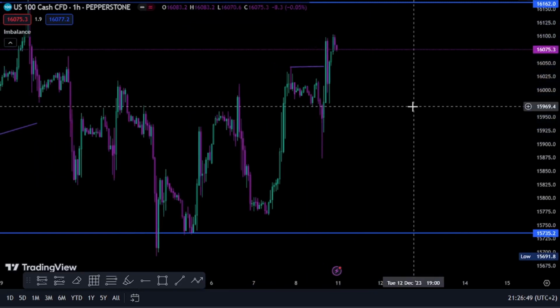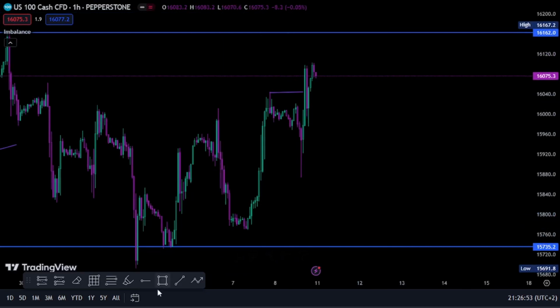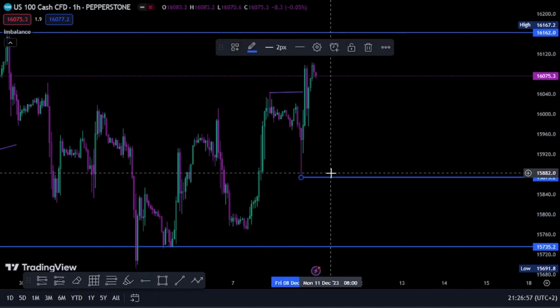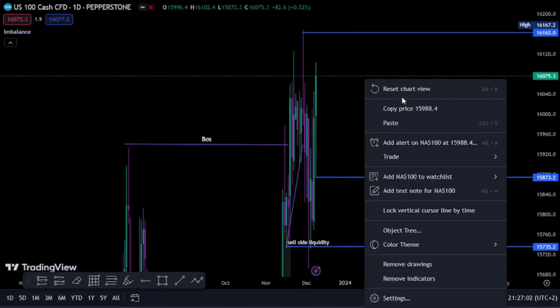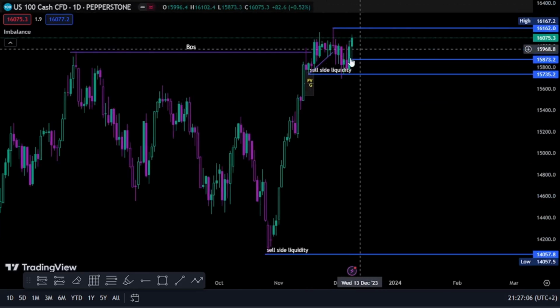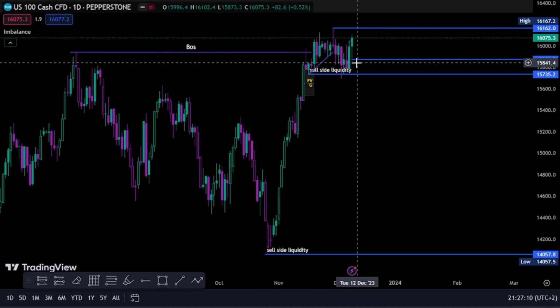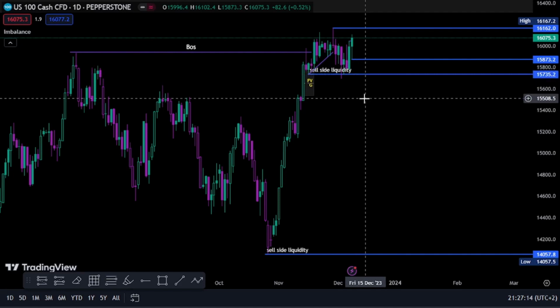So for each daily candle, we need to go to a smaller time frame and make sure that we see where our daily candle closes. This is our daily candle's low. So if the market comes below this, then we know that the market will be coming for these lows, right?